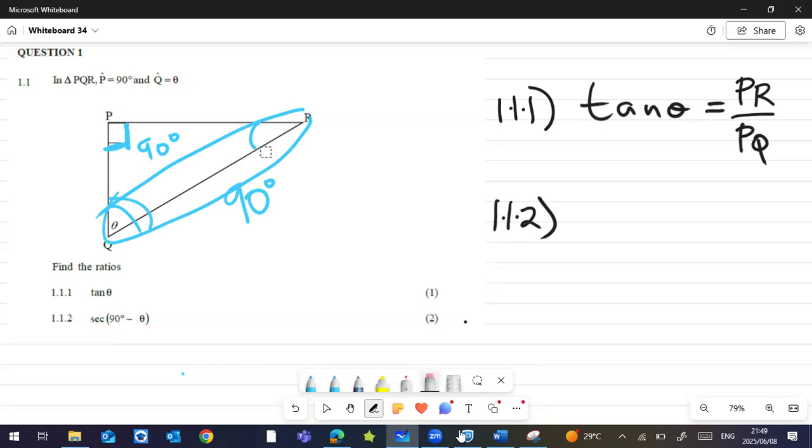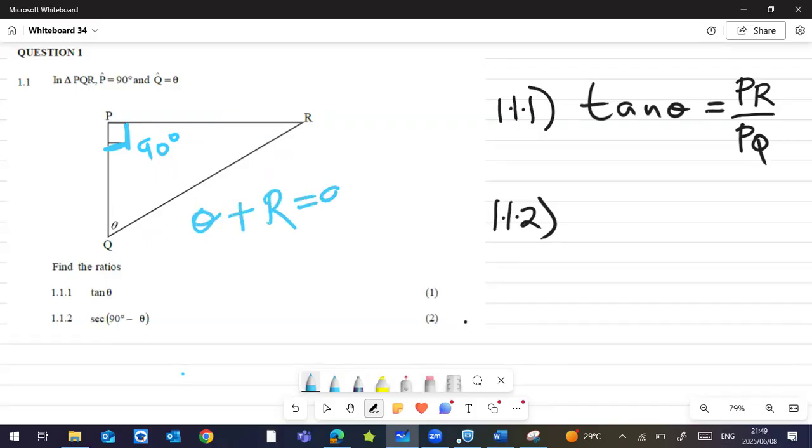So if that is the case, what I'm trying to say here is that your theta together with your R must be 90, which is your Q plus R should be 90, so that this 90 plus this 90 can give me 180.